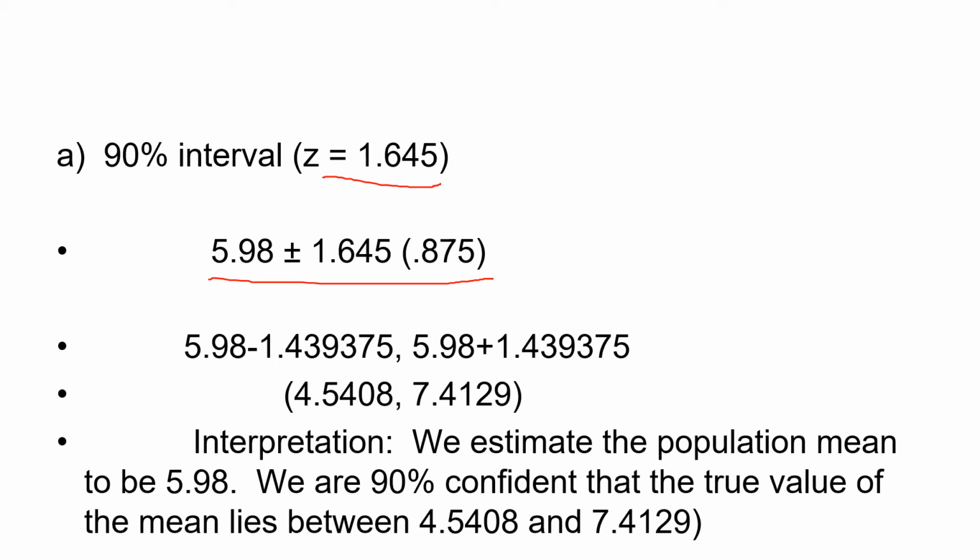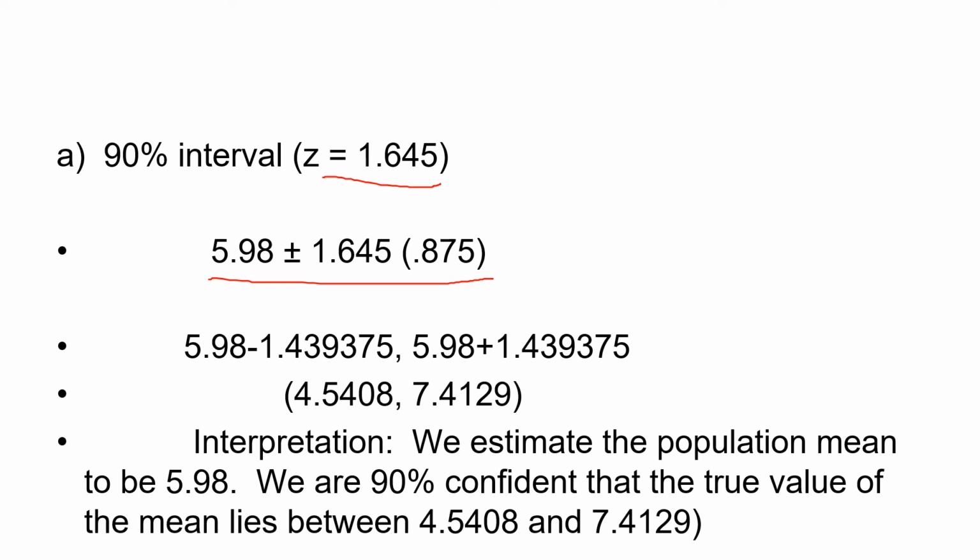The interpretation for the 90% simply means we estimate the population mean to be 5.98, that is already given. So the best interpretation says we are 90% confident that the true value of the mean lies between the lower and the upper boundary for the 90% interval.